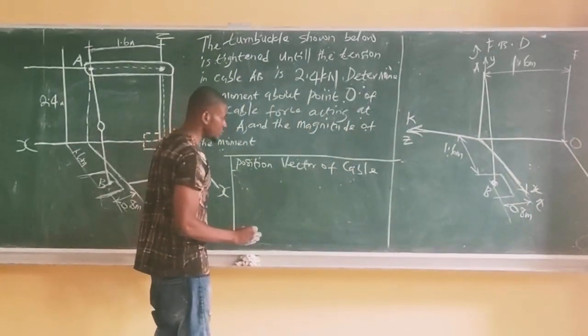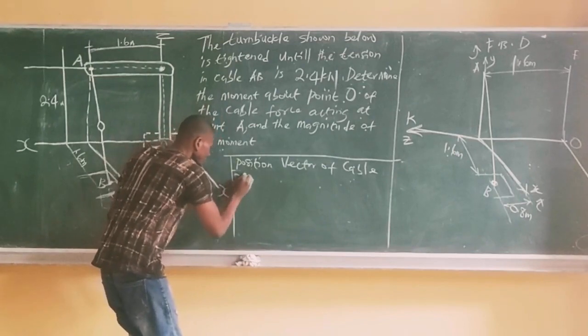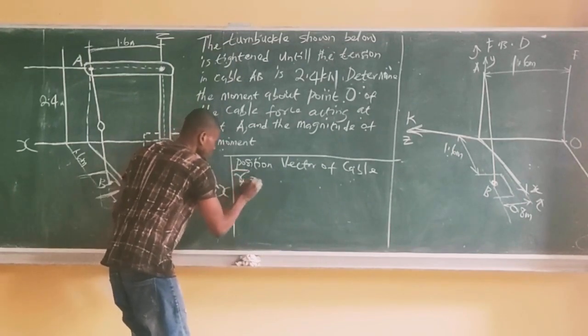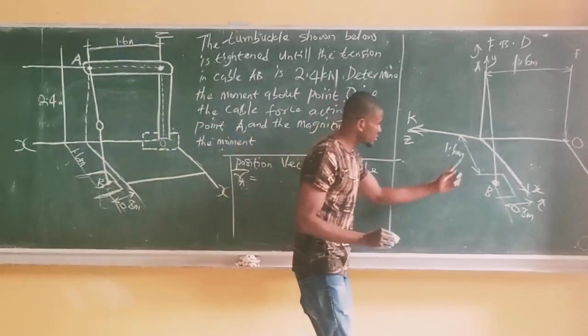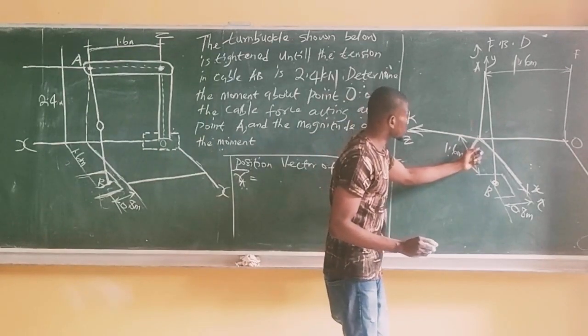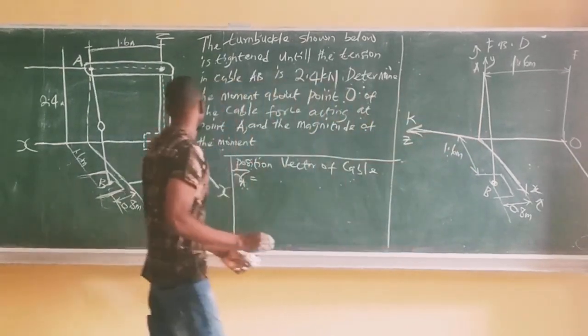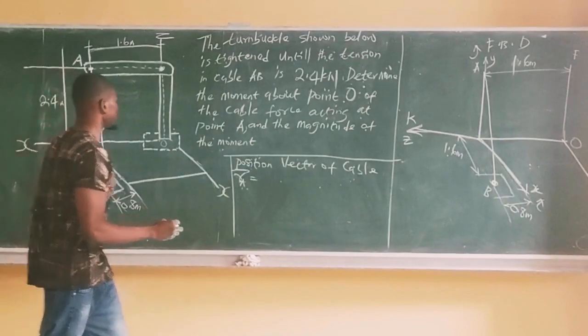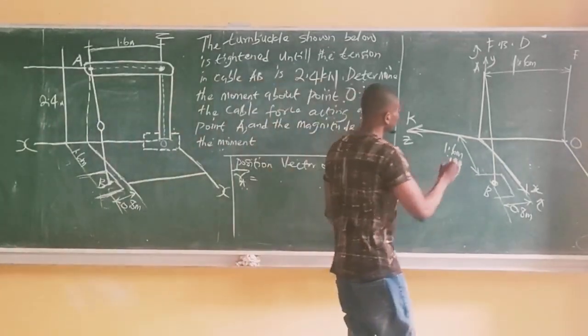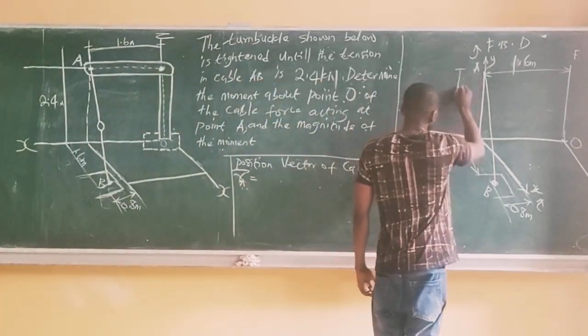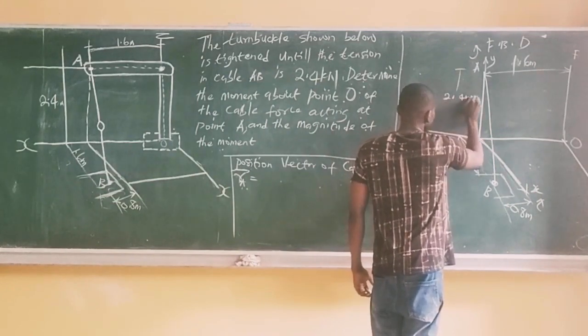To locate the position of A, R_A, from the origin, we move upwards. Remember, this height was given as 2.4 meters. So the height of the cable is 2.4 meters.